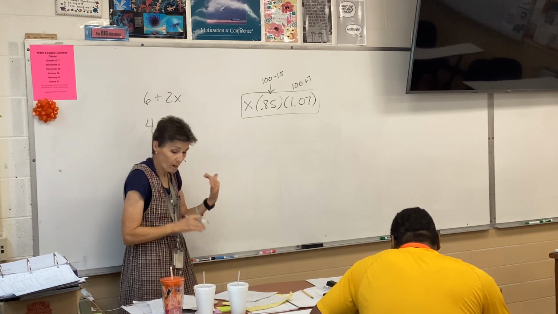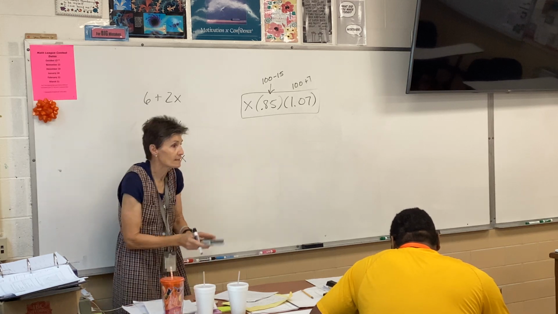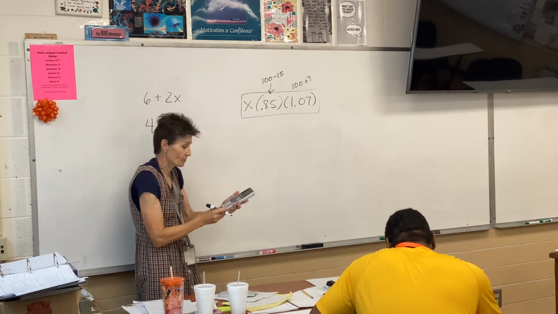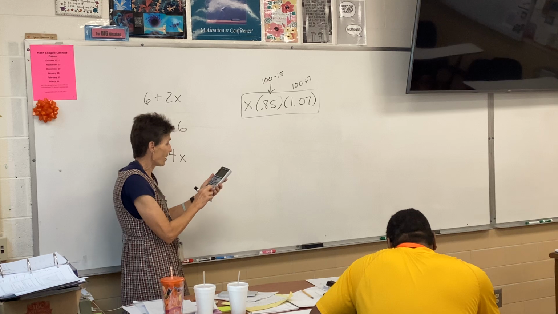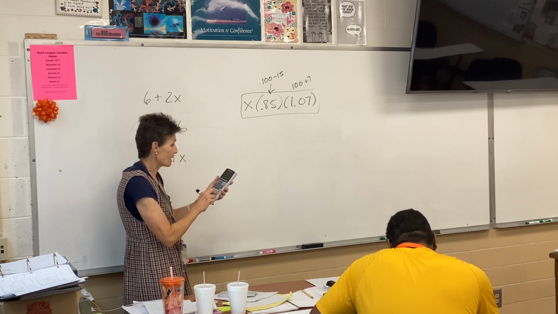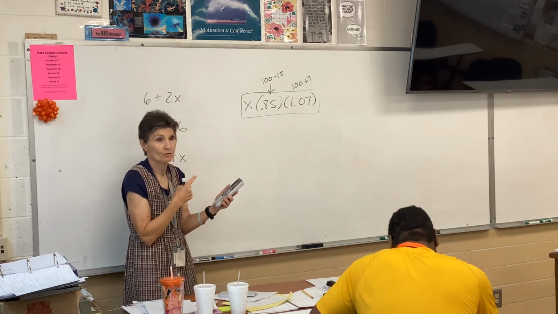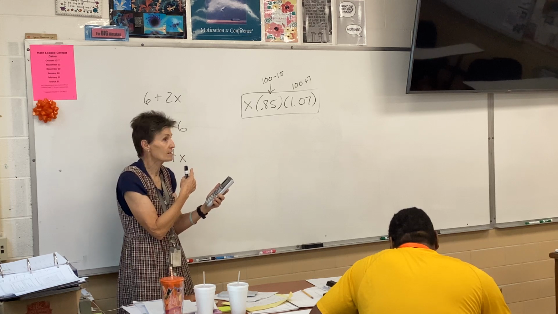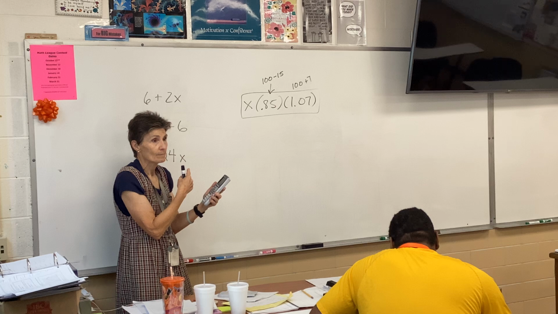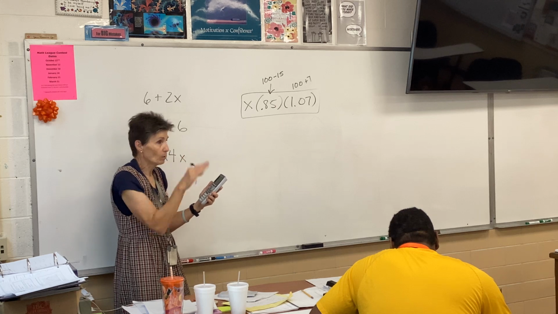So if I knew how much my jumper costs, let's say I'm at Goodwill and it's $6. If I take 6 times 0.85 times 1.07, that's what the cash register does. That's exactly what the cash register does. It doesn't subtract or add, it multiplies.